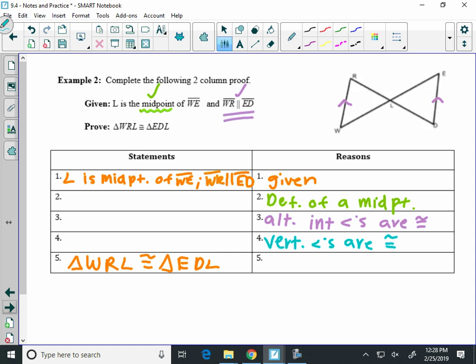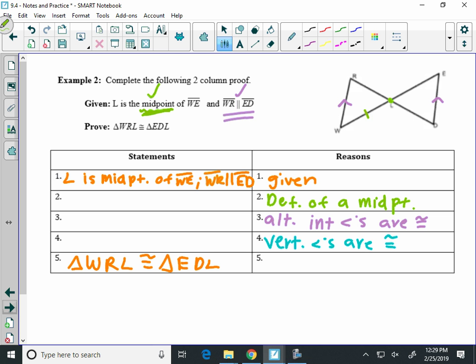It's passing. Okay. But then we have to fill in our statements and mark our diagram to figure out our last reason. Okay? So let's go back to this reason right here. Definition of a midpoint. If L is the midpoint of WE, what can we conclude from that? L is right in the middle of this segment.